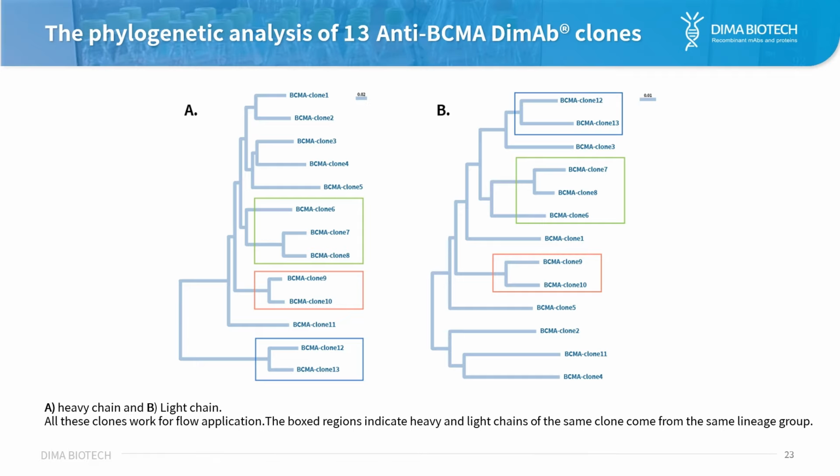BCMA has a very short extracellular domain. It only contains 54 amino acids. From this short domain, we can get so many different antibody clones, which further demonstrates rabbit as an immune host can produce highly diversified antibodies.